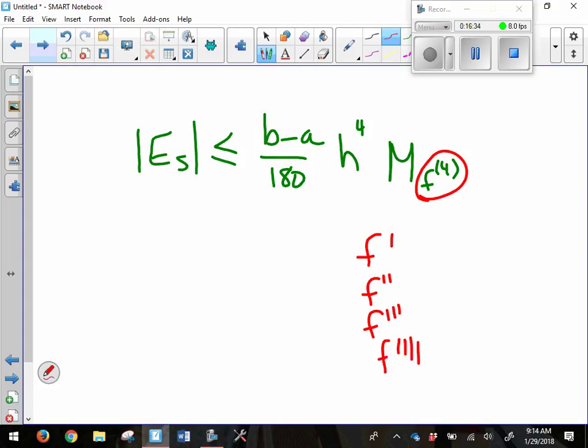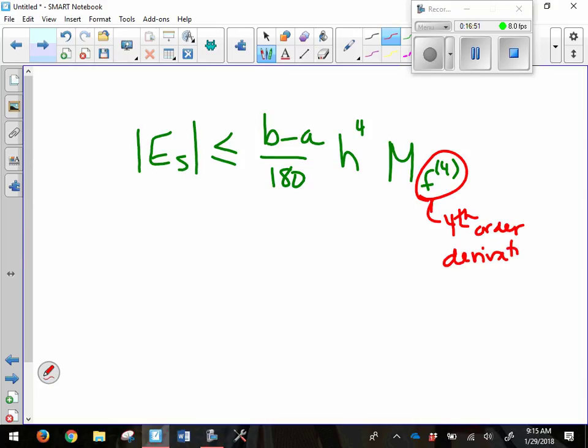Because it looks stupid if I make 4 hash marks. Okay, so this is the 4th order derivative. Or the 4th derivative. The order could be in parentheses.